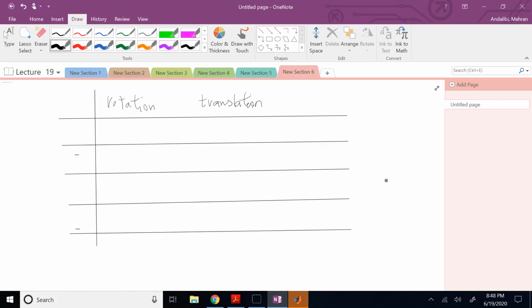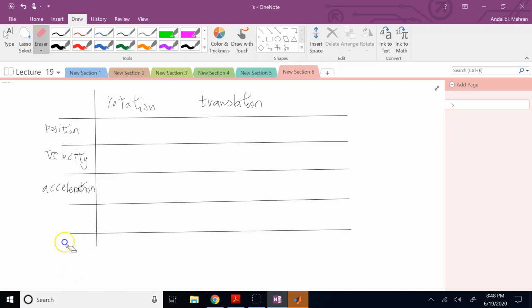Okay, so here, if it's position, if it's velocity, if it's acceleration, if it's work, if it's power, and of course you can add inertia, right?